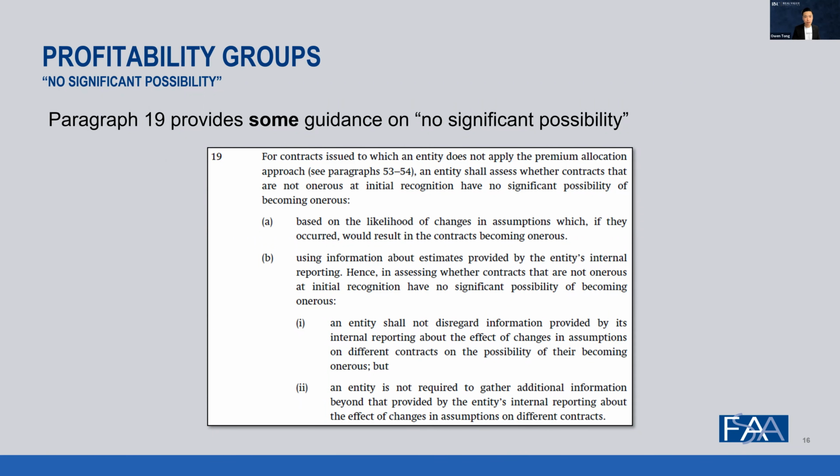What's important is that you have a consistent principle, signed off, to determine which contracts go into the no significant possibility of becoming onerous bucket, that second bucket, versus the remaining contracts bucket. Because if there's no fixed clarity within your company policy, it could be really gray, and it's hard to justify where a new contract goes. There should be some rigor when determining which bucket it goes into.